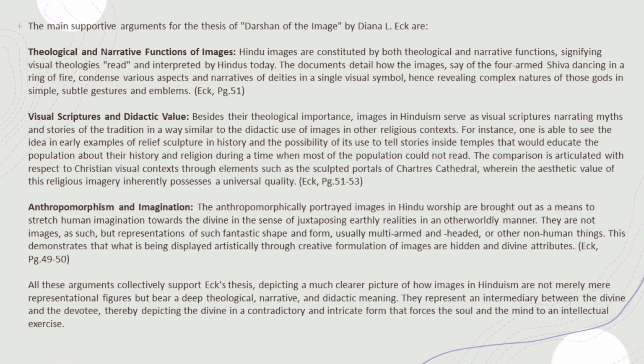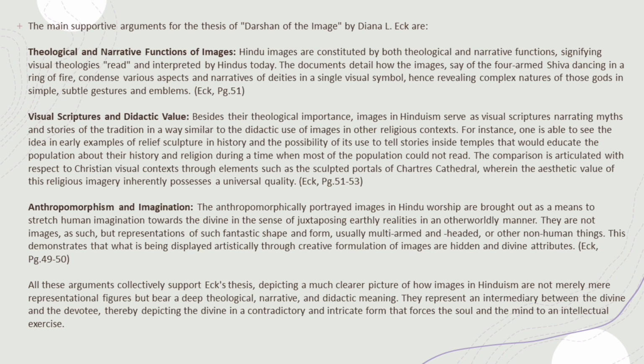The main supportive arguments for the thesis of Diana Eck's Darshan of the Image are the theological and narrative functions of the image. Hindu images are constituted by both theological and narrative functions, signifying visual theologies read and interpreted by Hindus today.